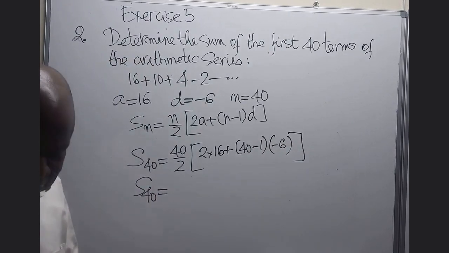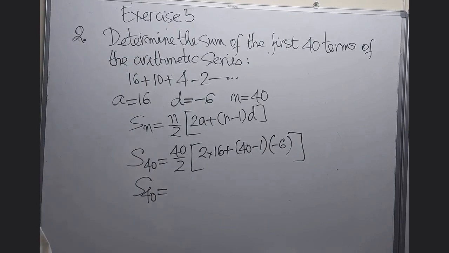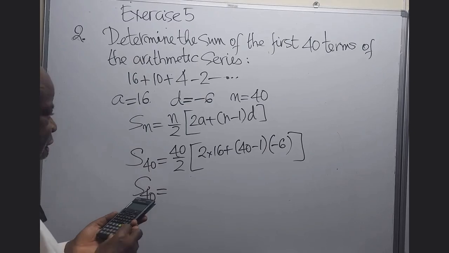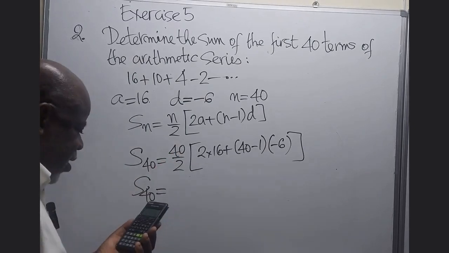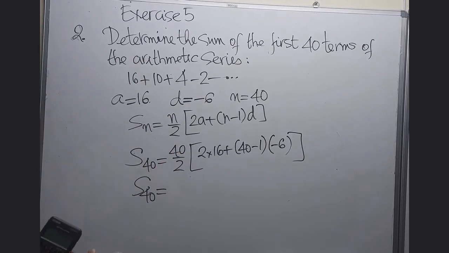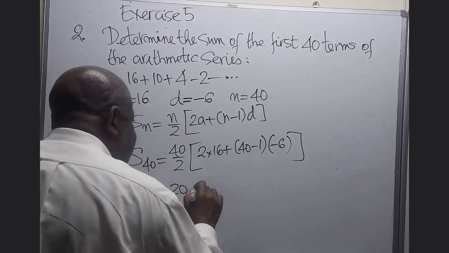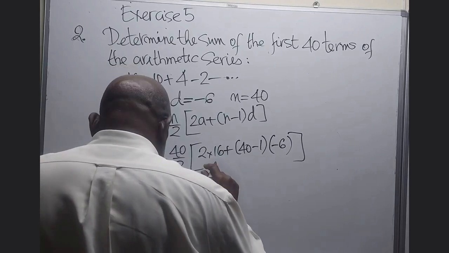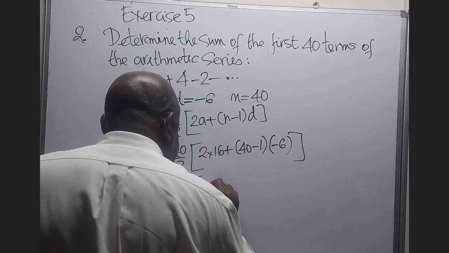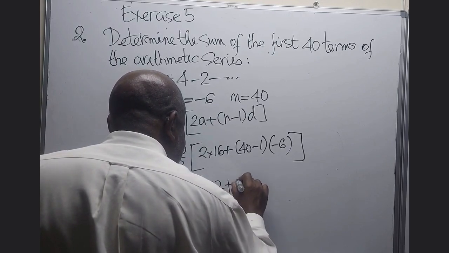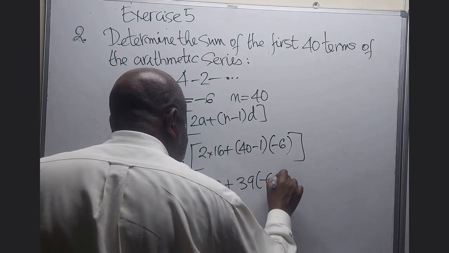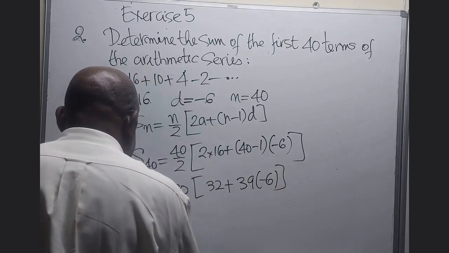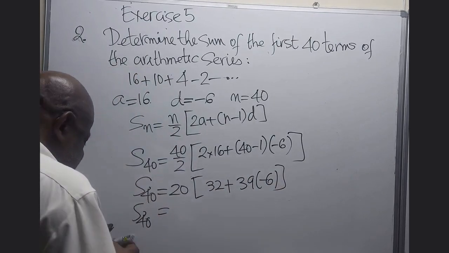So I'm just going to take the calculator here. Here we're going to have, let me write down this 20, and then it's going to be 2 times 16 is going to be 32 plus 39 times negative 6. So let's get this sum.